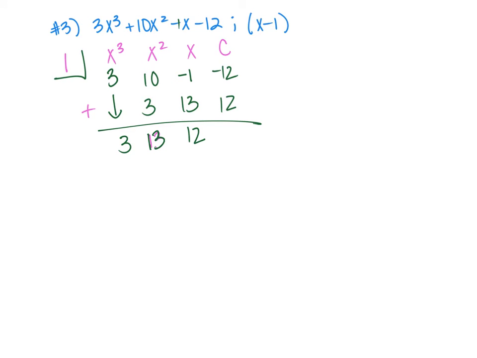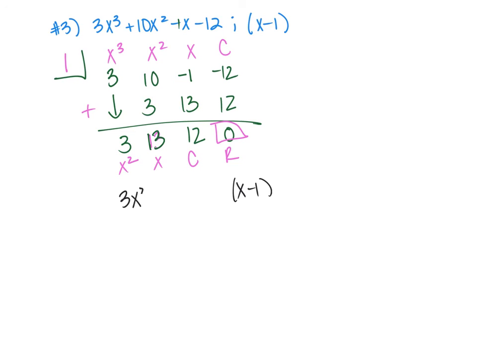So if I add these two here, I just get 0. So this is my remainder, my constant, my x, and my x squared. So this tells me since the remainder here is 0, then x minus 1 is one of my factors that I get to use, which is nice.